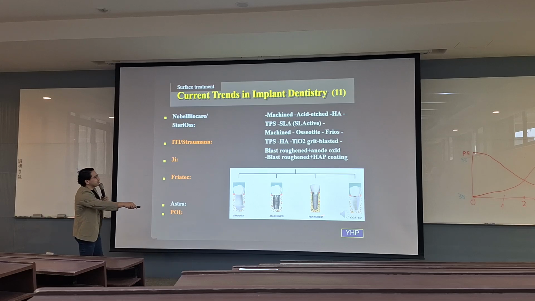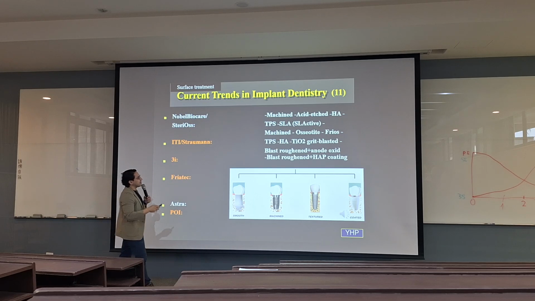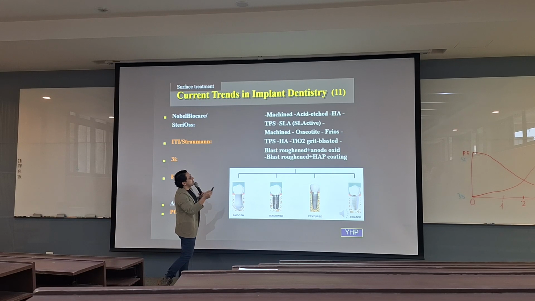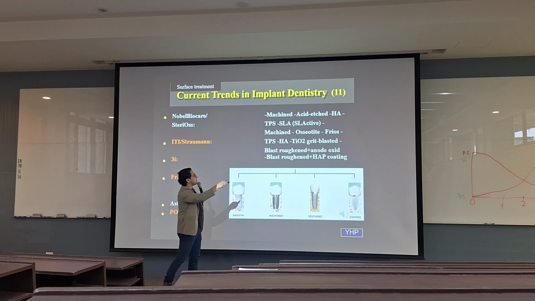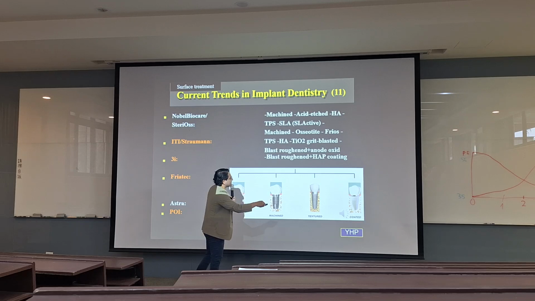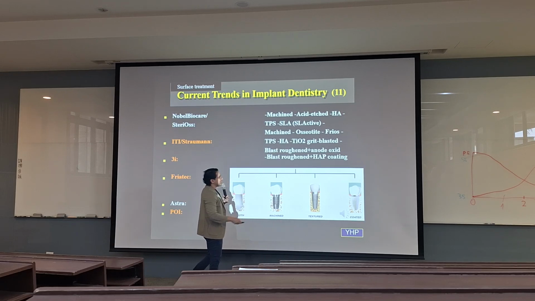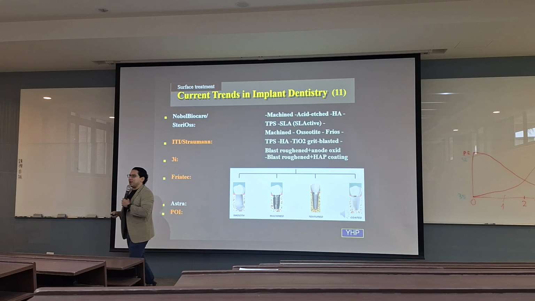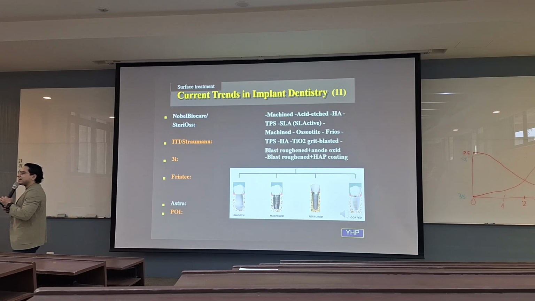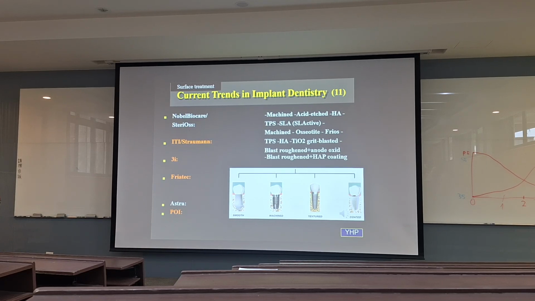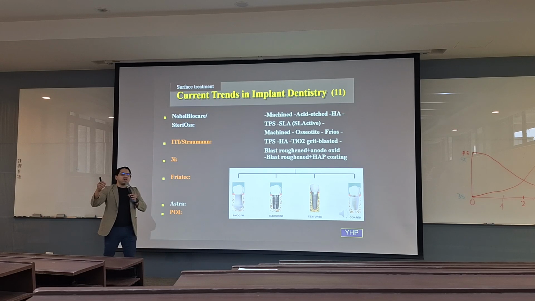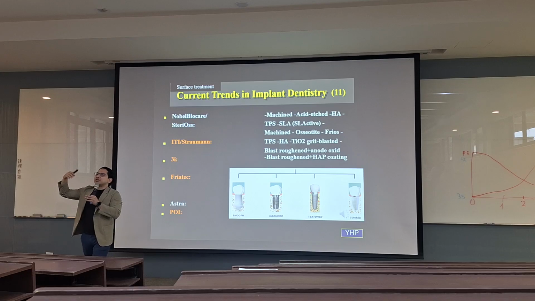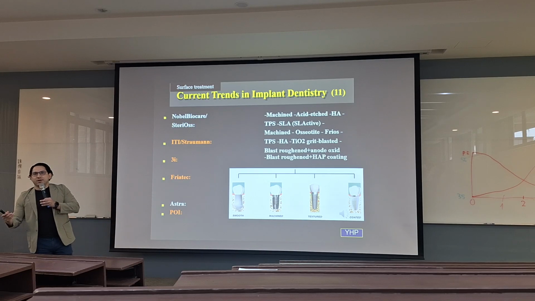Other ones have textures, because we have added hydroxyapatite, we have blasted with other elements, we have changed the positivity and negativity of the titanium surface, and we have coated the surface of these dental implants. We have tried different kinds of things, and we get really better osseointegration. That means that there's more bone attached to the implant, and that's really important, because in the long run, your dental implant will last longer.